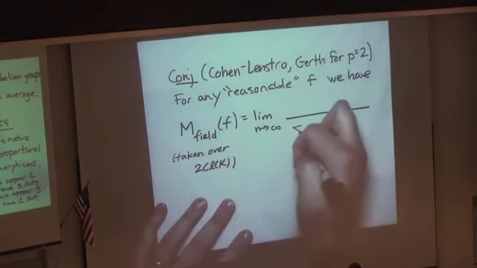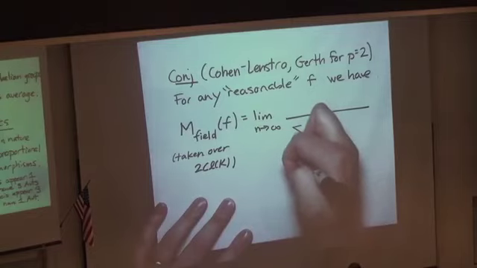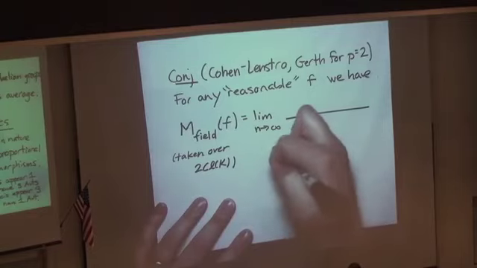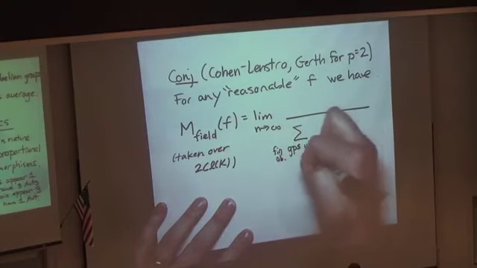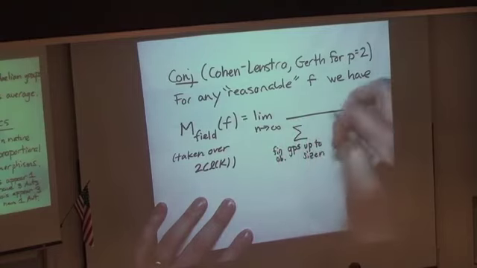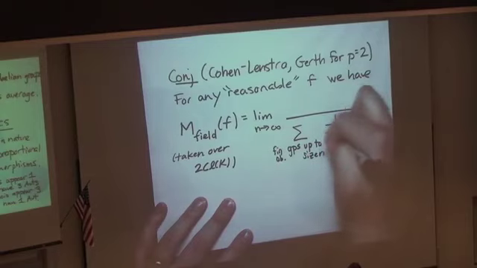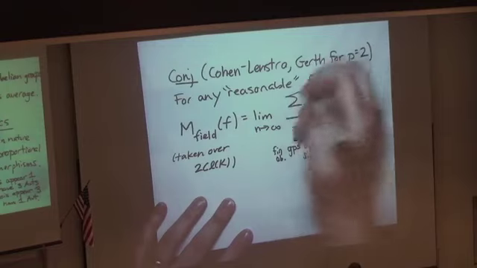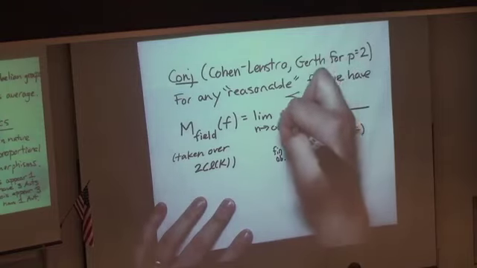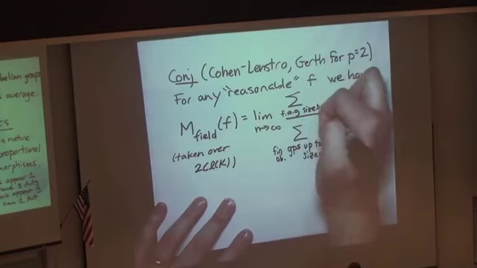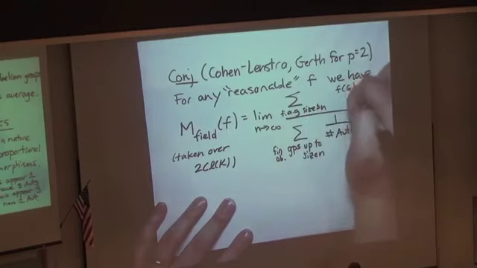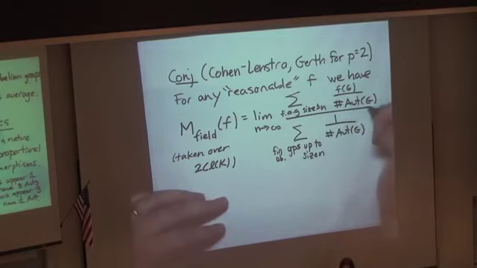Right, so this is over finite abelian groups up to size n, where we count those groups by 1 over their number of automorphisms. And then we average the function over groups, but weighted by their number of automorphisms.